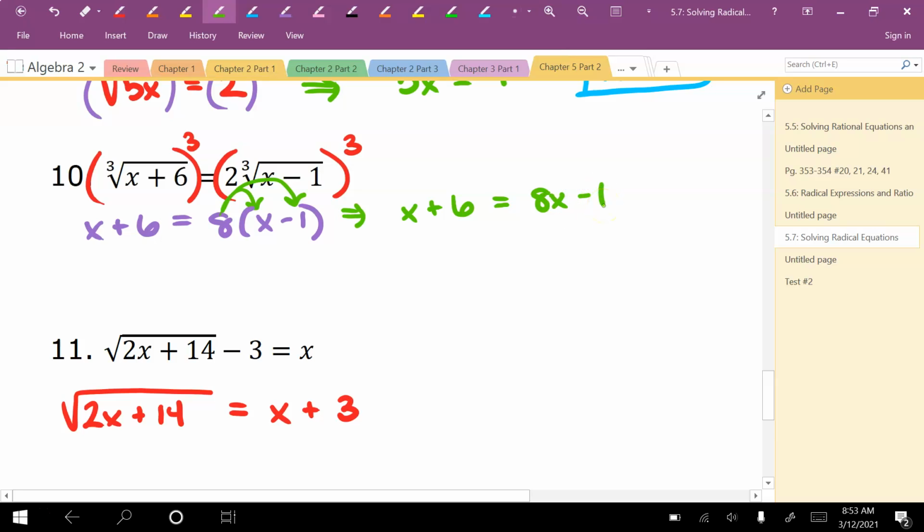And then we just need to combine like terms here. So if I combine my x's and my numbers, what I would do is subtract x from 8x, which would leave me with 7x. Then I would add 1 to that 6, and that would give me 7.